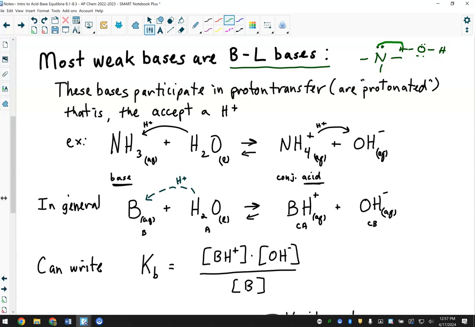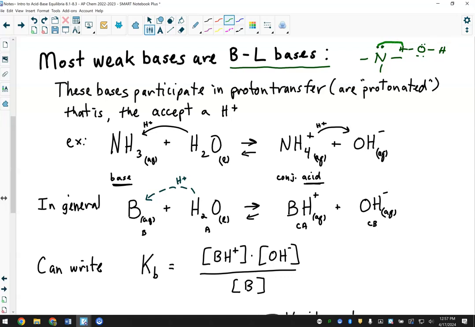So when NH3, ammonia, reacts with water, it doesn't have any hydroxide ion in it, so it can't be an Arrhenius base. Remember that, right? We talked about that in Unit 4. This is a Bronsted-Lowry base, but it acts like a base and makes NH4 plus, which now can act as an acid.